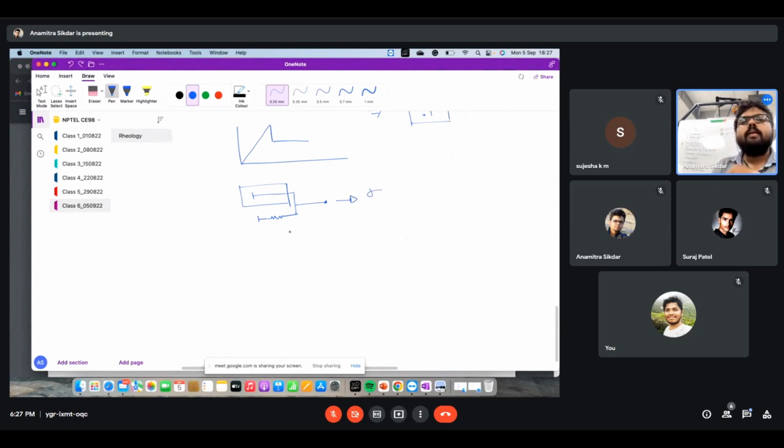So when you pull this spring, what will happen? Due to the viscous drag, the spring won't react instantaneously. So it will be somewhat like this. And then you remove the stress, you stop applying sigma. So what will happen? The spring will try to contract, right? It will try to get back to the initial position.